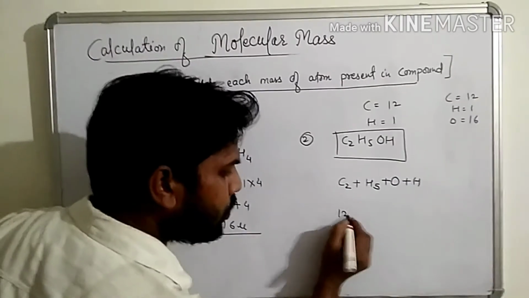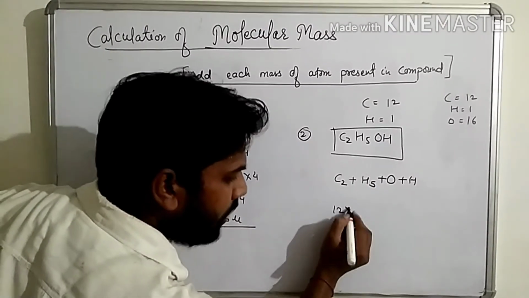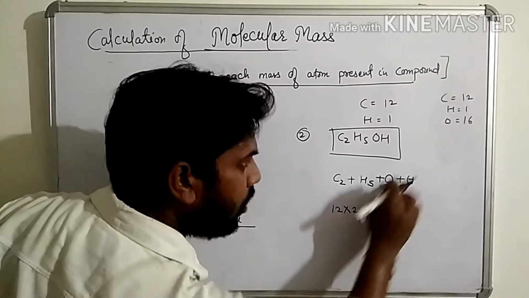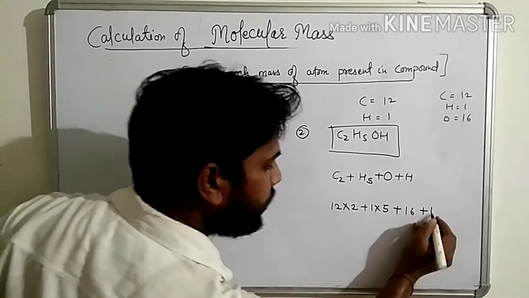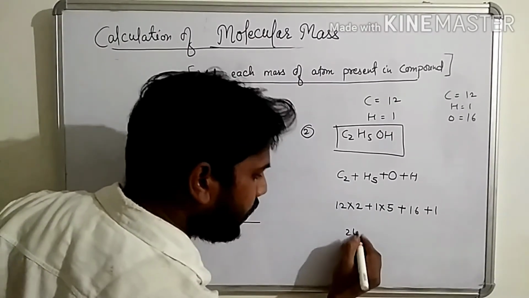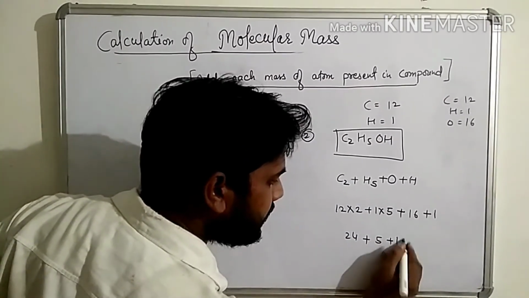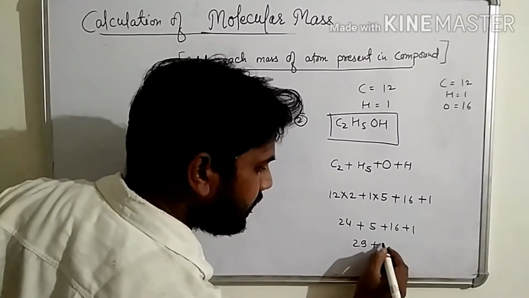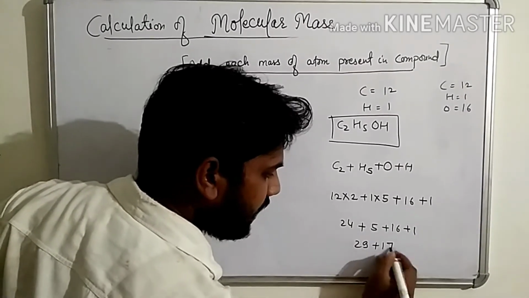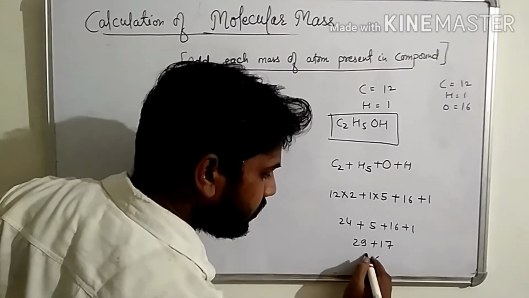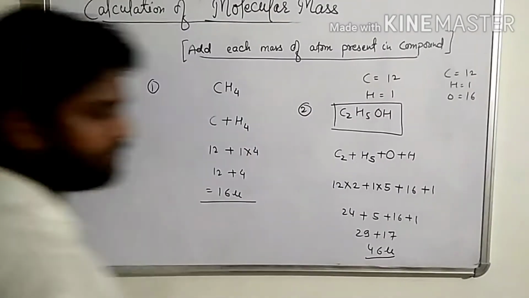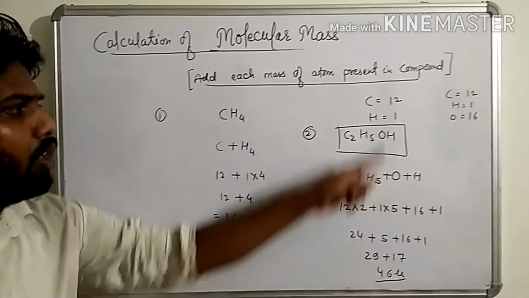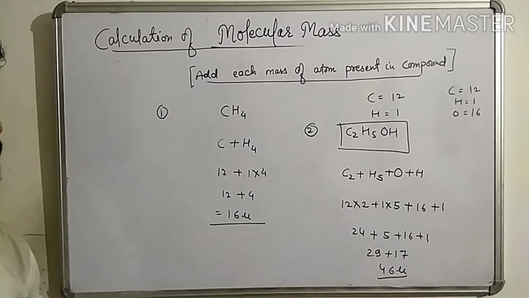Carbon 12, and there are 2 carbons. 12 into 2, 1 into 5, oxygen 16, hydrogen 1. 12 twos are 24, 5, 16, 1. Now calculate, children. 29, 16, or you can write 17, 46. Clear, children? In this way, we can easily calculate the molecular mass of any compound.